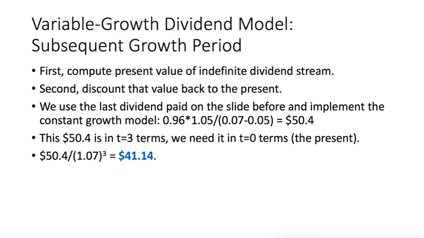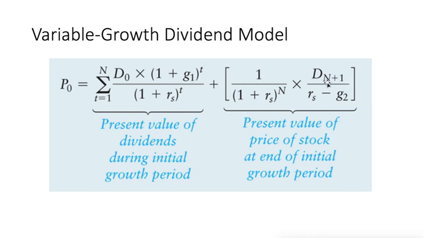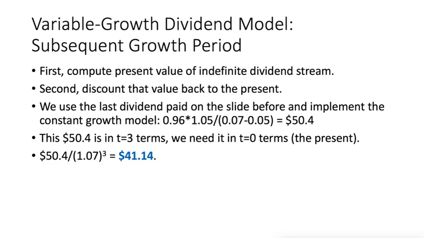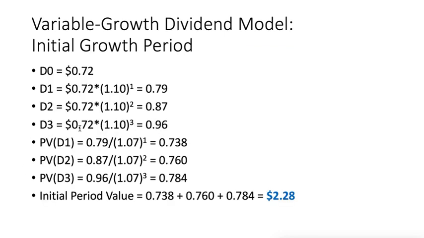So, well, first of all, what you realize here is that we need the dividend payment for n plus 1. So that means we have to have the dividend for Dn and then multiply it by the growth rate of the subsequent period G2. So we go back to here and we can see that D3, which is n equals 3, right, is 0.96.